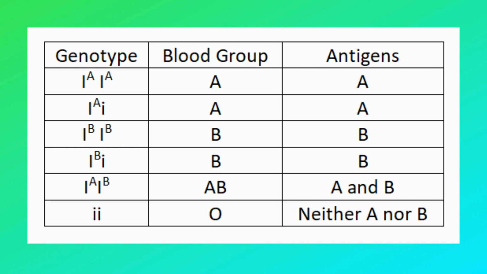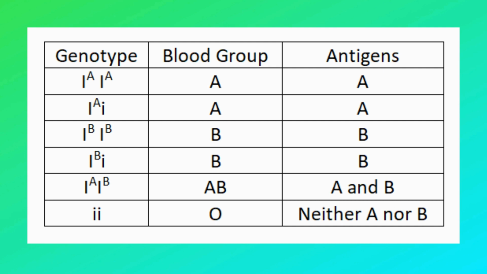The genotype IAIA corresponds to the A blood group. The genotype IA and small i corresponds to A. Similarly, the homozygous IB corresponds to B and IB and small i also correspond to B. But when there is a mixture of both, that is, IA and IB, we get the blood group AB.